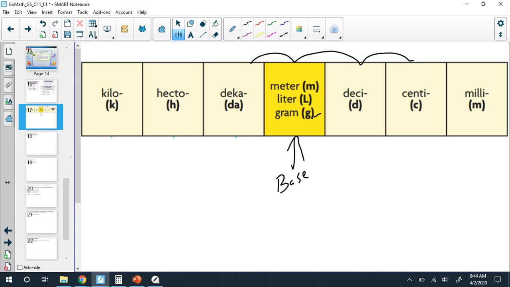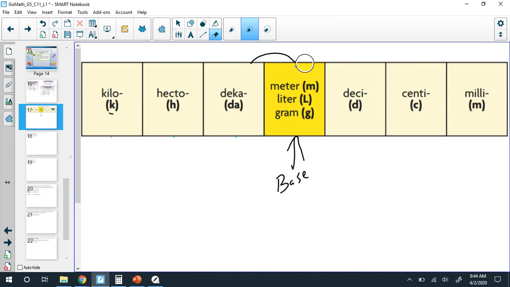We came up with a nice little saying to help us remember this: King Henry died while drinking chocolate milk. If we put the first letter of all of those together, we get K for king, H for Henry, and so on and so forth.